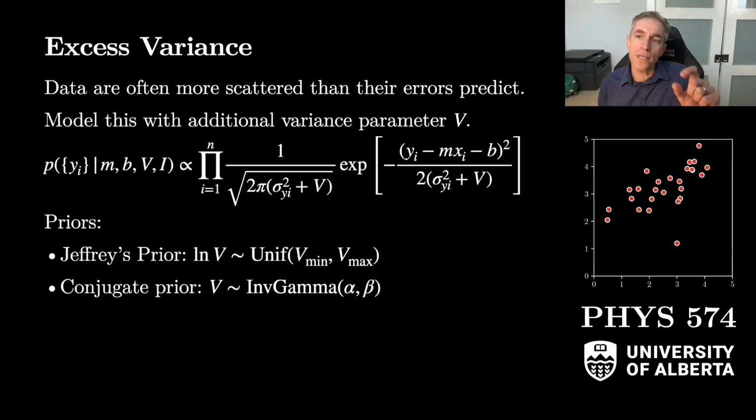Your uncertainties are measuring something that's going to vary around your relationship randomly. And in doing that, that extra stochasticity isn't represented in your uncertainties, but it does need to go into your data model. And if you do that, we just add some additional variance here.